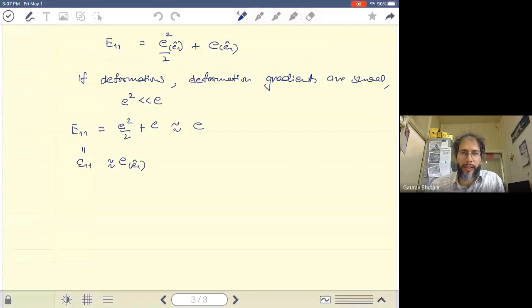But we already have seen that. There's nothing new here. We already have seen that the diagonal terms of the strain tensor epsilon, their interpretation is longitudinal strains. We just derived whatever we started with, except in a slightly different way.